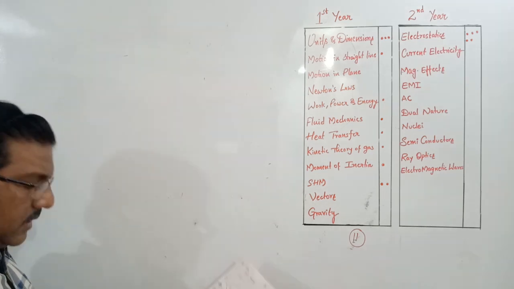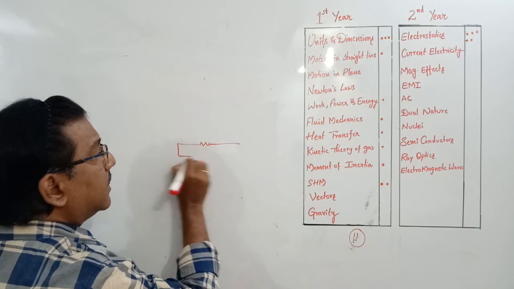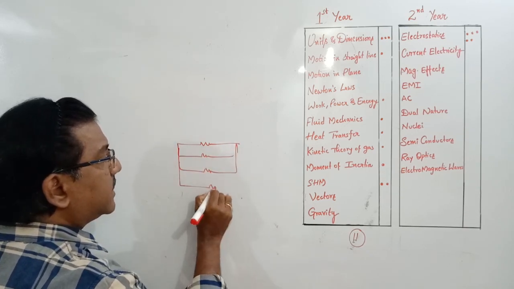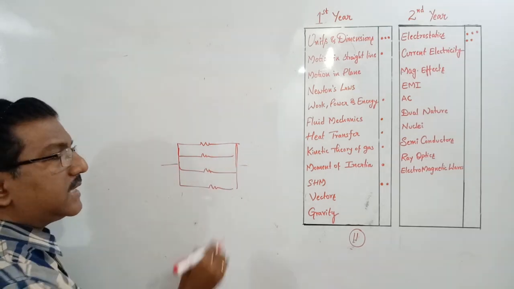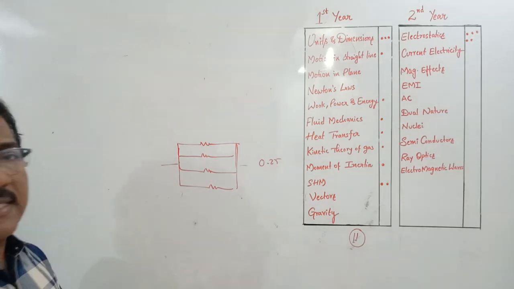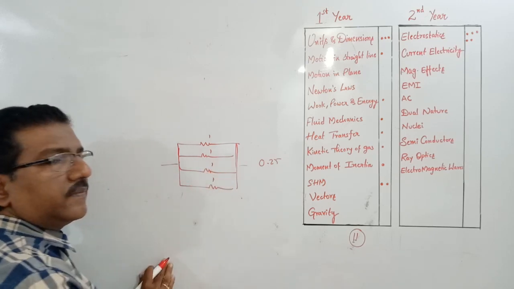And one more question. There are 4 resistors which are connected. See how funny the question is. If they are connected in parallel, the resultant is nothing but 0.25. If they are connected in series... Connected in parallel, 1, 1, 1, 1.